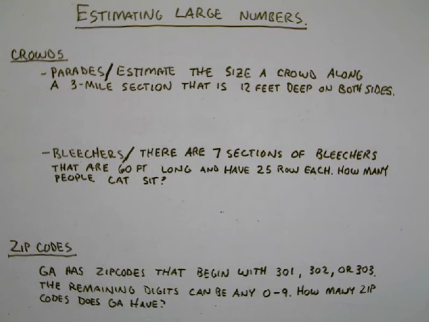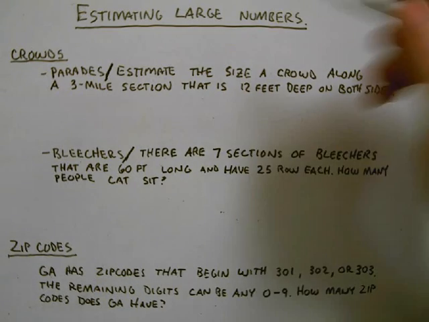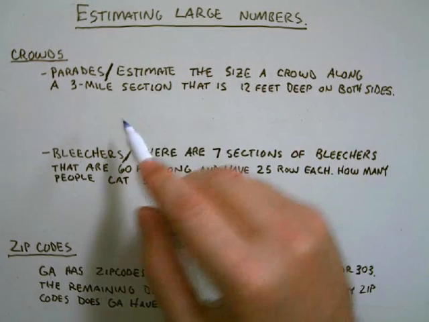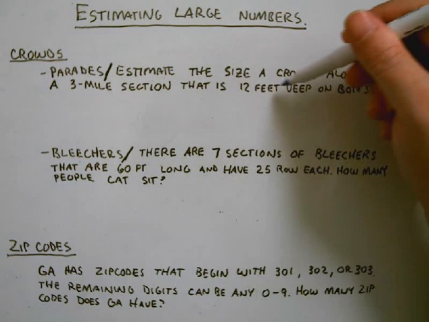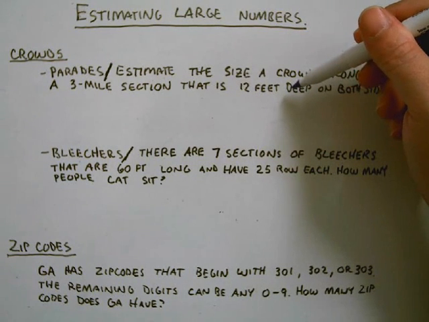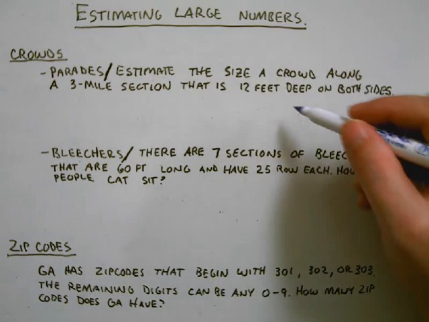So let's get on with it. Let's review how we did this. When we were estimating a large crowd along a parade or in a park, we had to find the area of the crowd.